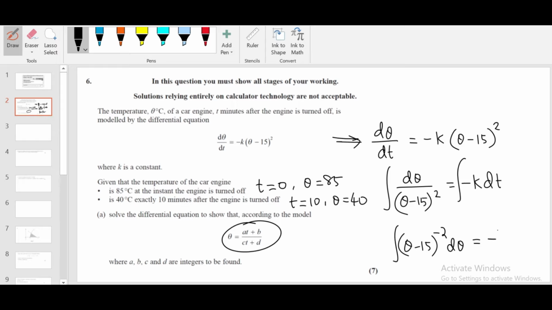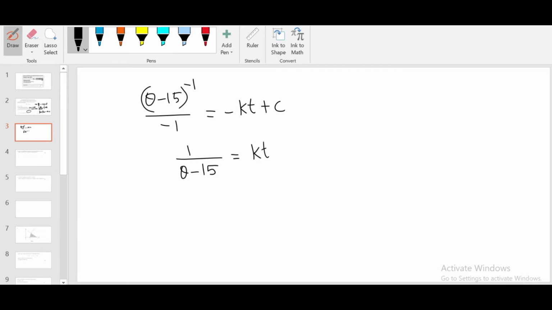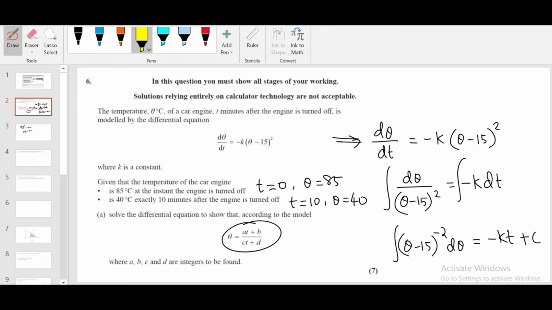When you integrate k with respect to t, it's just kt plus c. On the left hand side, (theta minus 15) power minus 2 becomes (theta minus 15) power minus 2 plus 1, divided by minus 2 plus 1, which is minus kt plus c. Multiply both sides by negative 1 and write it as 1 over theta minus 15 is equal to kt minus c.